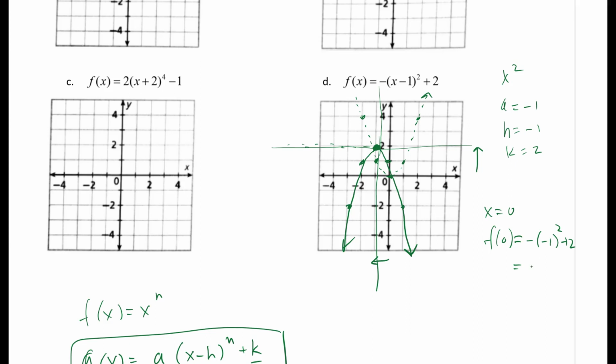Take the opposite of that is negative 1 plus 2 equals 1, which my sketch didn't quite catch here, but that's what that point is there. So you could always just plot in a few points if you're concerned that you didn't do it right.